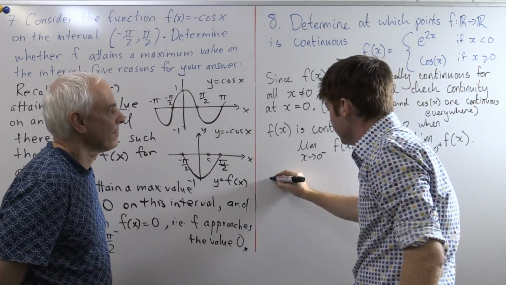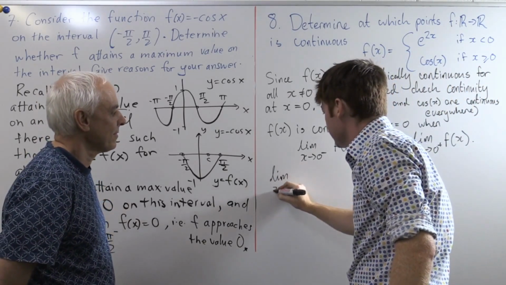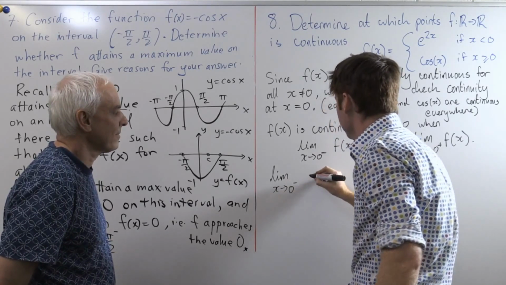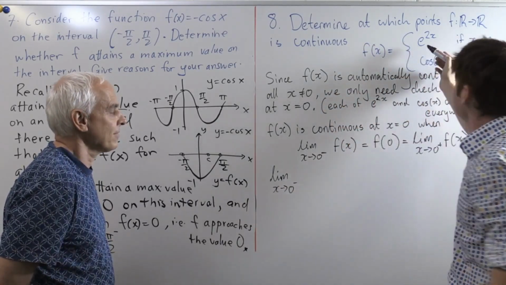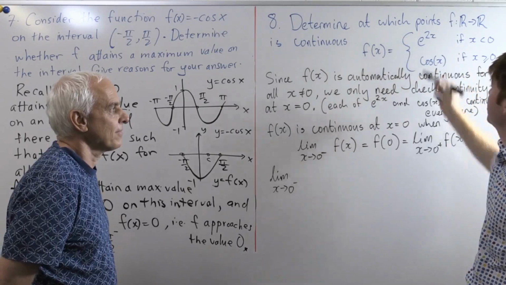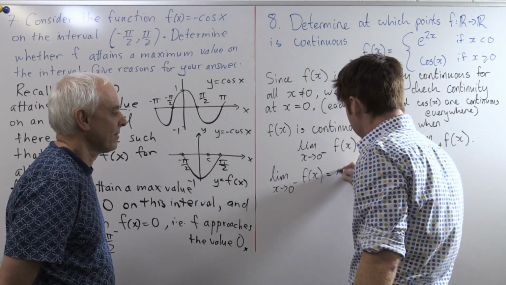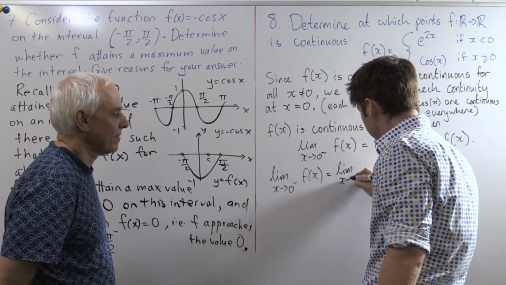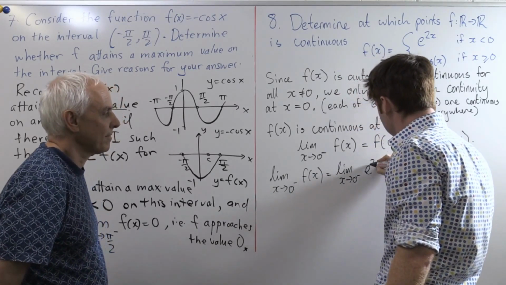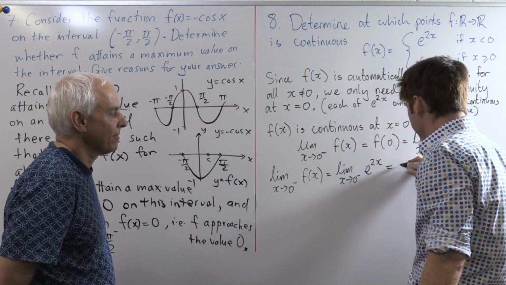So the limit as x approaches 0 from below of f of x: well, x is negative here, so f of x just becomes e to the 2x, which approaches 1.